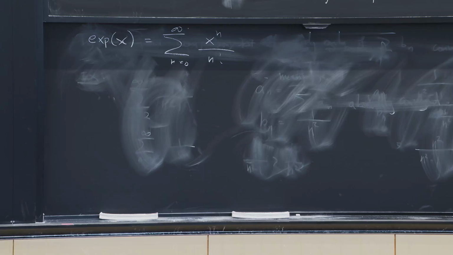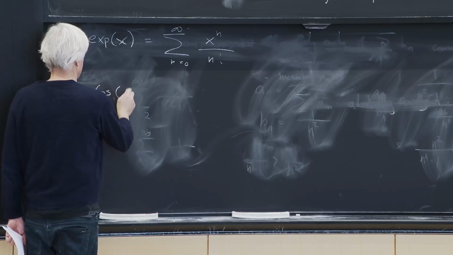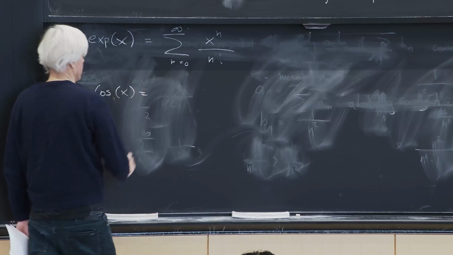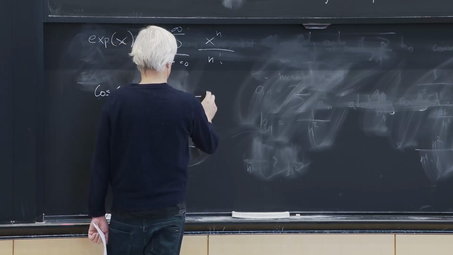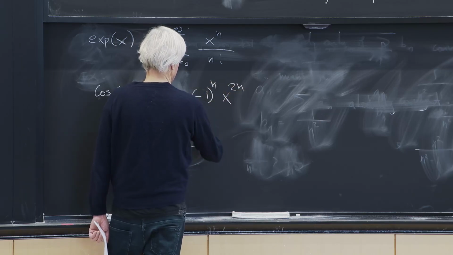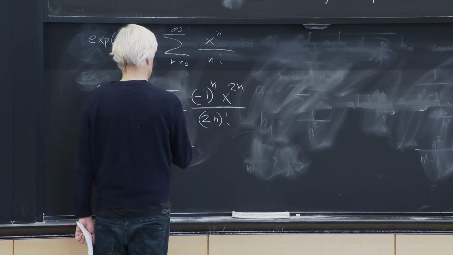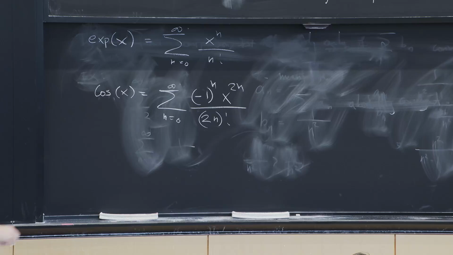And also sine and cosine. So cosine x also has a power series representation. The power series is (-1) to the power n, x to the power 2n, divided by 2n factorial, where you're summing from 0 to infinity.